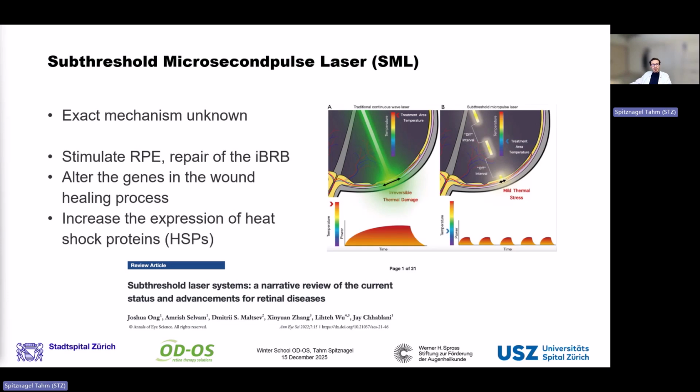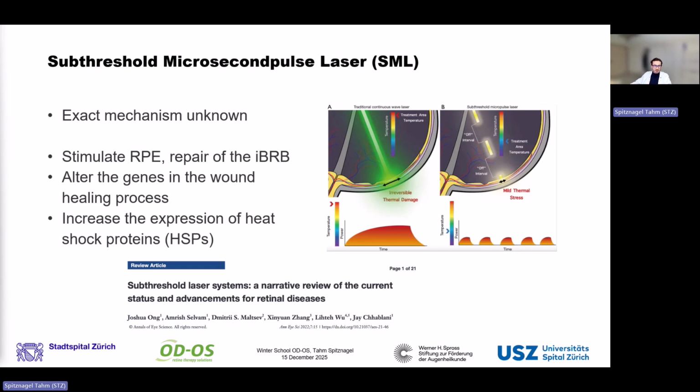Through these effects, SML may enhance the RPE's ability to actively transport subretinal fluid back into the choroid. While this approach is less invasive, it is repeatable and more widely accessible than PDT.